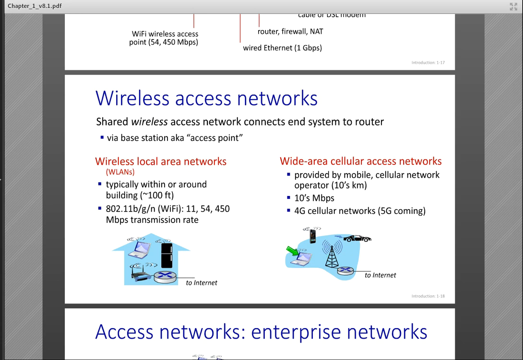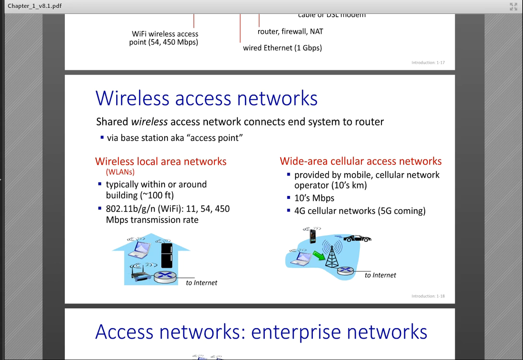I connect to the antenna using a wireless medium, and that antenna is connected to the internet using wire. So a base station is the equipment that connects me to the internet.